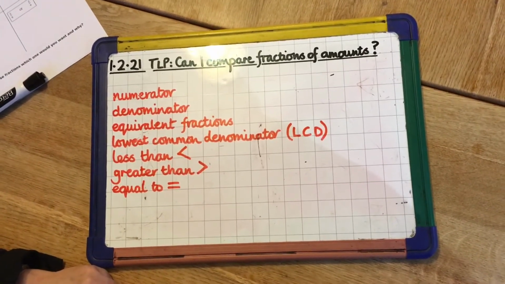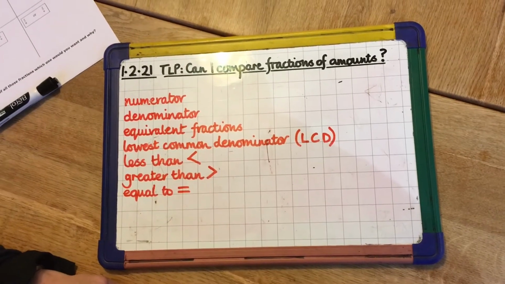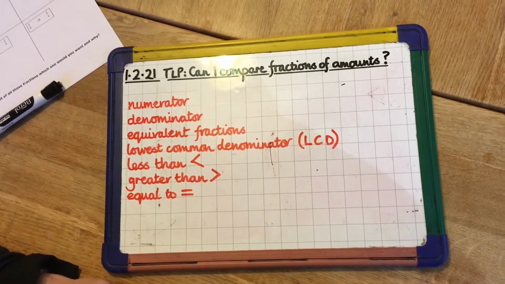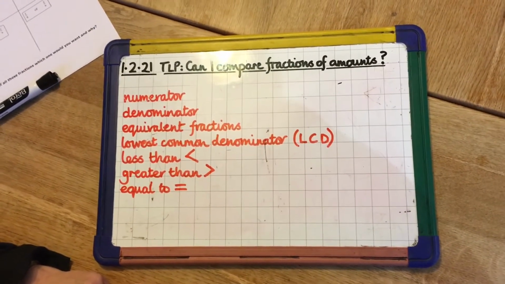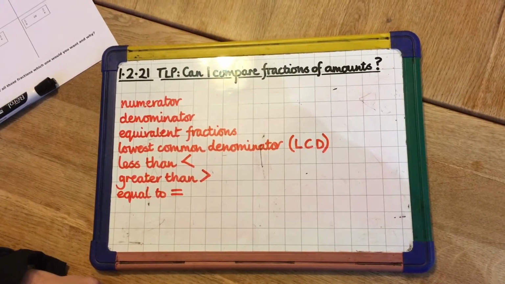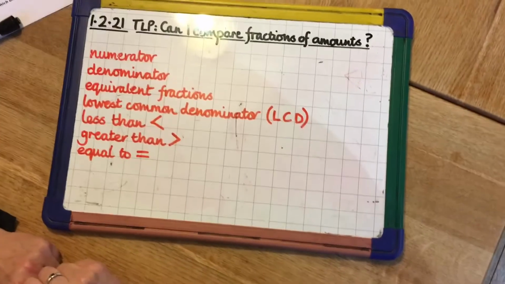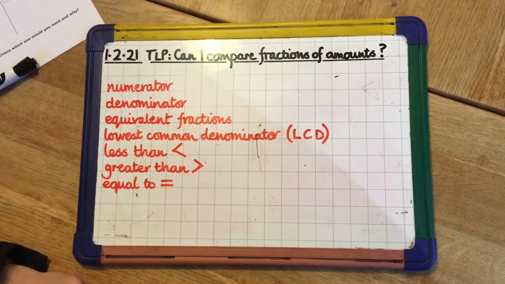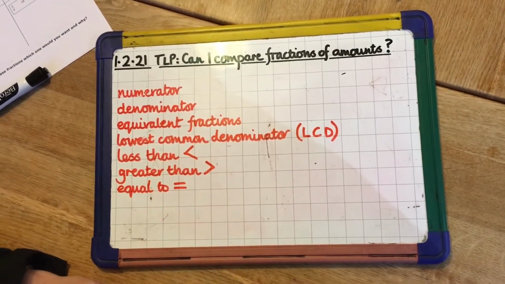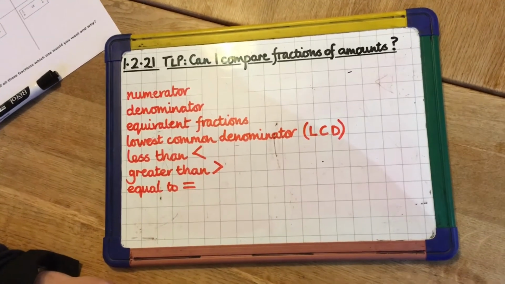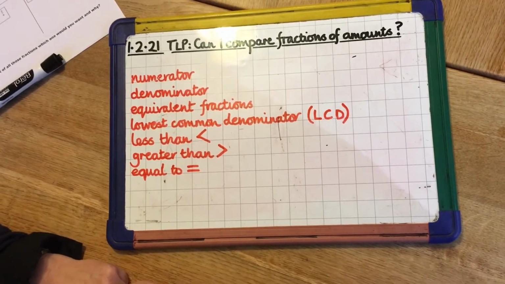Lowest common denominator, we've talked about denominators and lowest common denominators when we have compared and written equivalent fractions. I've also got less than and the symbol that goes with it, greater than and the symbol that goes with it, and equal to.